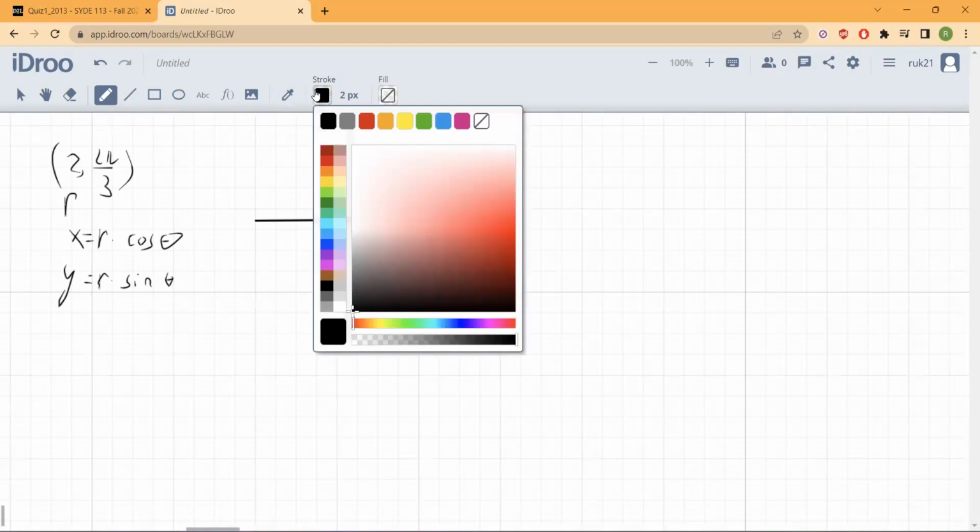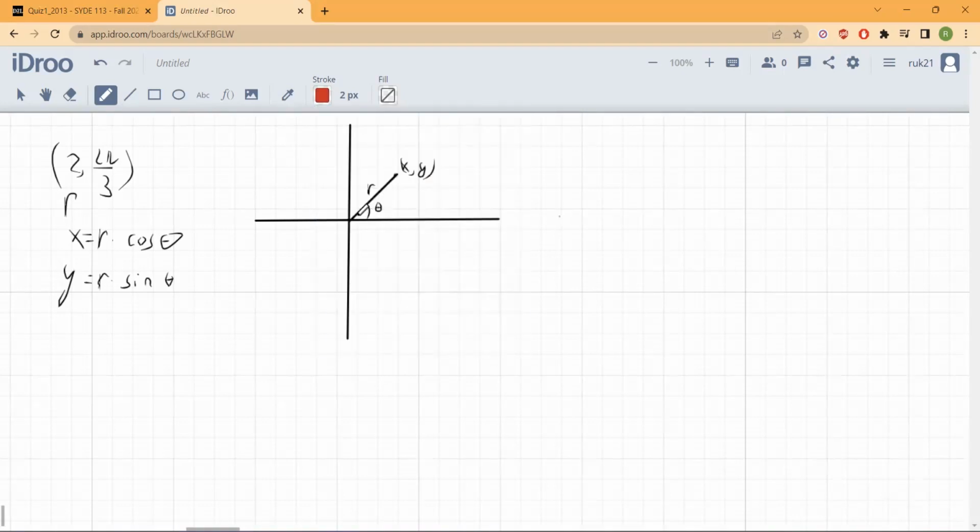And that, if we think about it, this over here is equal to x, and then this over here is equal to y. And we can get those two just by using simple trigonometry, right?